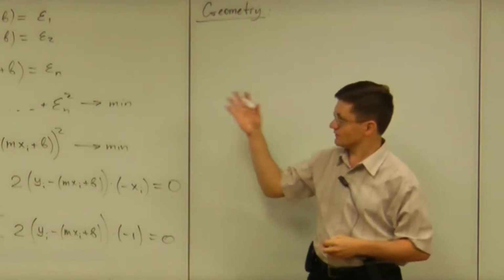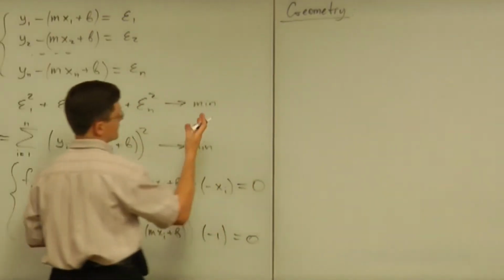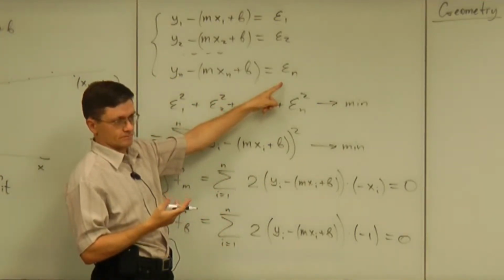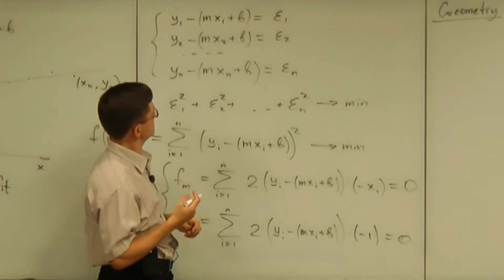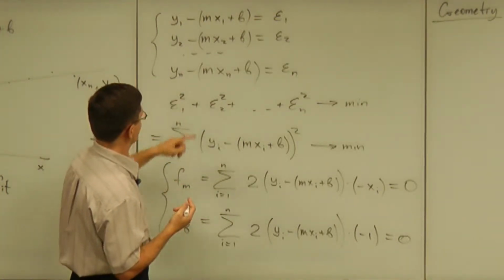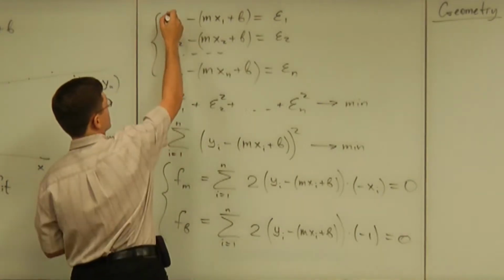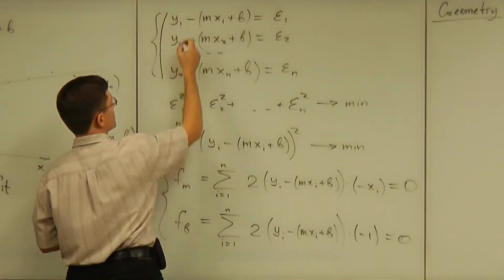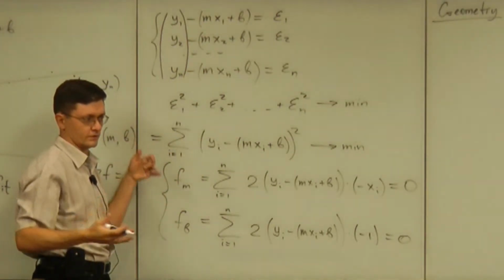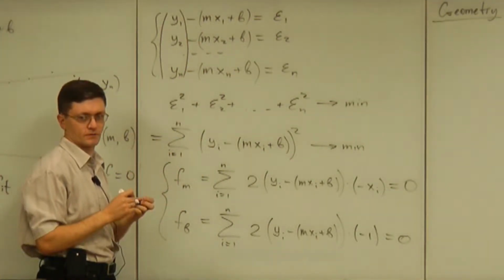And here is the unusual geometric interpretation that I never used before. I would like to interpret this system geometrically. So what is it that I can do? I can look at all these values of y together, making a vector.